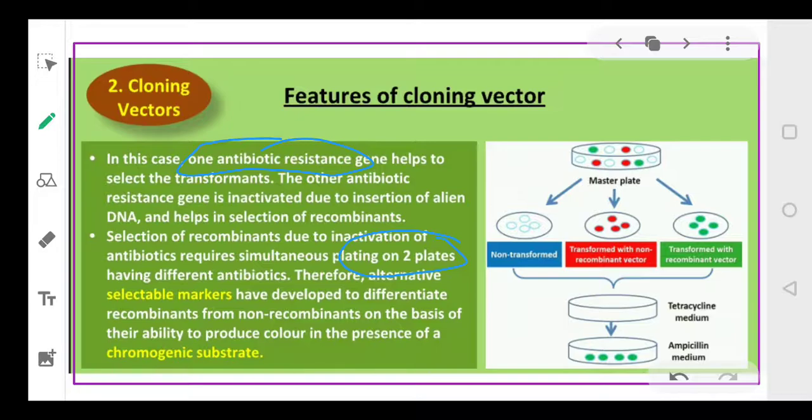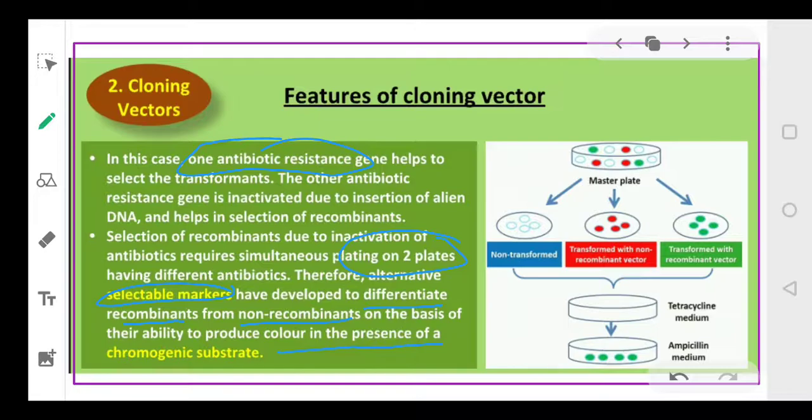So it was thought that we should use some alternative selectable markers to differentiate between the recombinant and non-recombinant cells depending upon their ability to produce a certain color. So if they have a color, they are recombinants. The presence or absence of a color can be used to identify a transformed cell from the non-transformed cell.